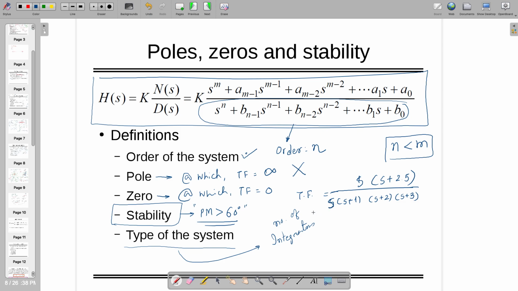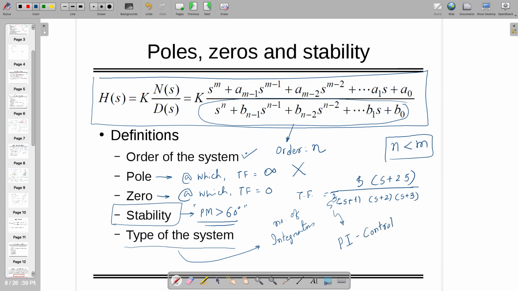So right now it's one integrator, only one. When there is no integrator, this is type 0 system, this is type 1, this is type 2, type 3, type 4, type 5, type 6. This is useful for those people who will be in robotics. Each integrator is actually equivalent to something called a PI controller.